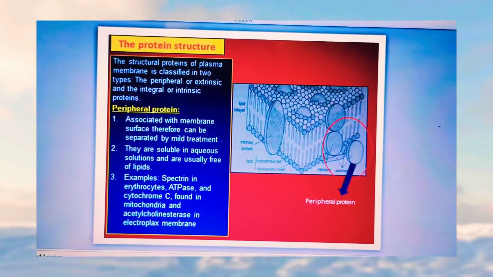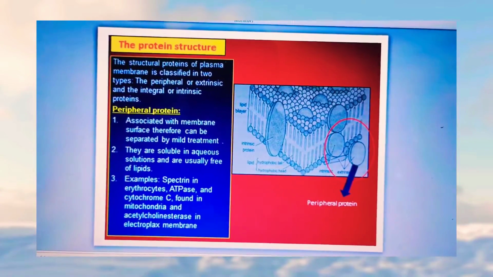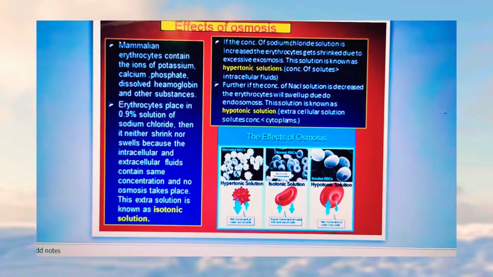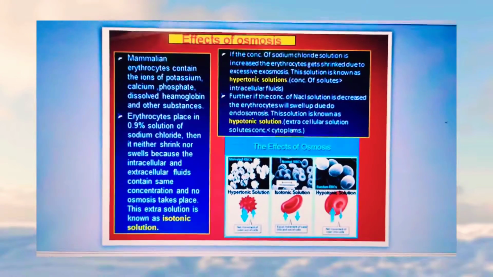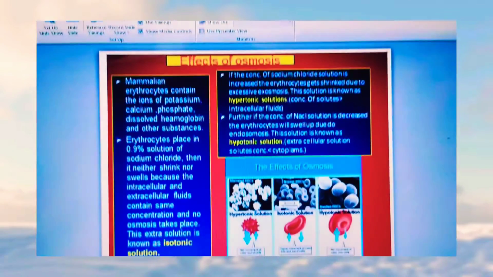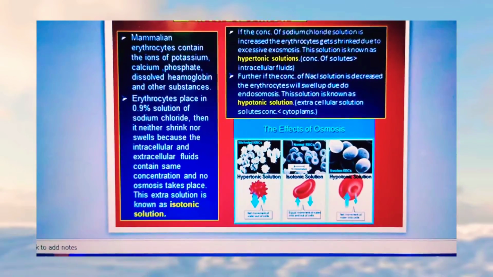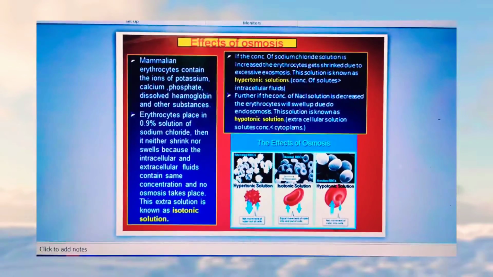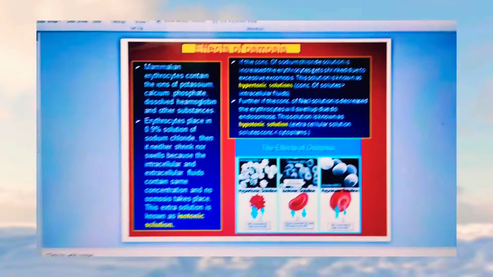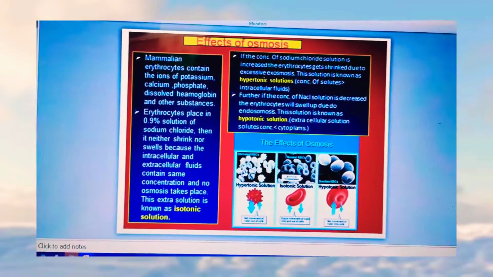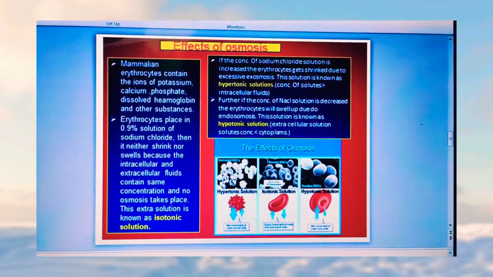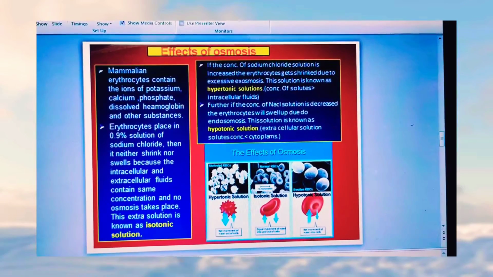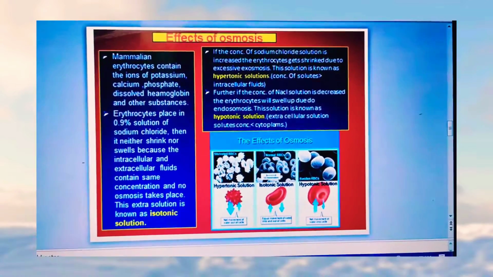We have seen the structure of protein. Now let us look into the effect of osmosis. Plasma membrane, we know, is a kind of membrane which is present in all the cells and organs of a living being. So how is the effect of osmosis happening in the plasma membrane? First of all, what is osmosis?